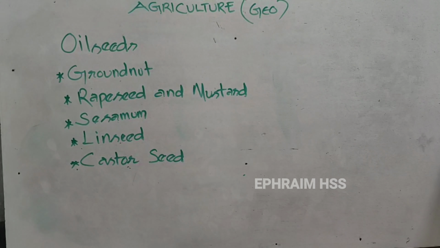Rapeseed and mustard seed. Rapeseed and mustard are the two most important oilseeds of northern India. These are grown as rabi crops, and the temperature requirement is between 10 degrees Celsius to 20 degrees Celsius during the period of growth, and during the time of harvest 25 degrees Celsius of temperature is required.